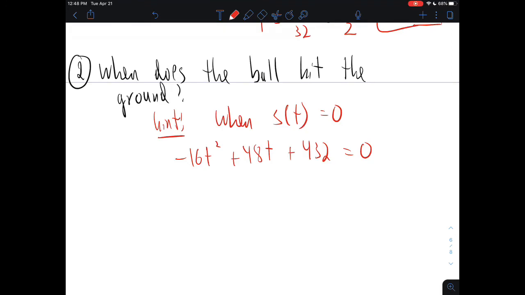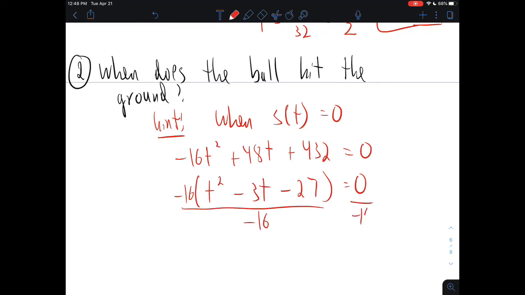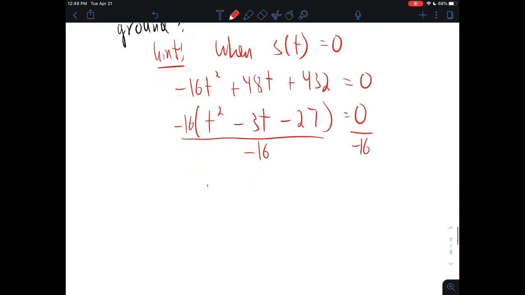So this just becomes a factoring problem. So we can factor out the negative 16, and I would have t squared minus 3t, and if you divide 432 by 16, you'll get 27. That means I can divide both sides by the negative 16 since it's just a constant. And I would have t squared minus 3t minus 27 equals 0.